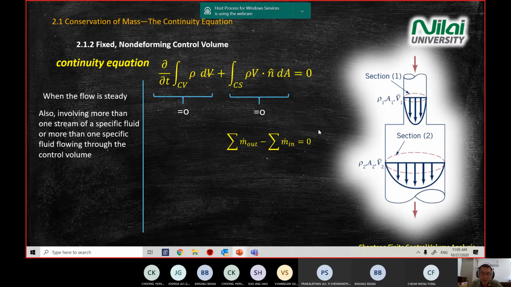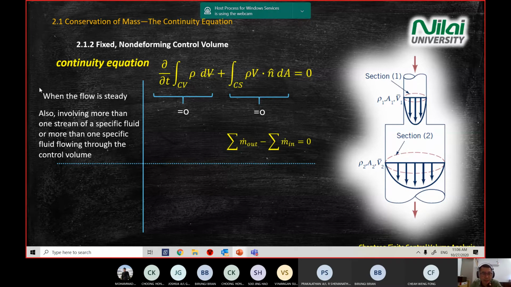The mathematical model for the control surface is m dot: what is out must be equal to what is in. Why is there a negative in front of the in? Because of the n component. Flow into the control surface uses negative rather than positive. Positive means flow out. Negative means flow in.